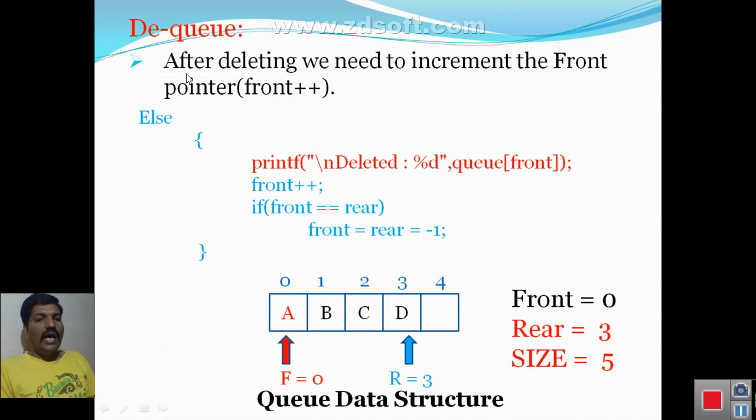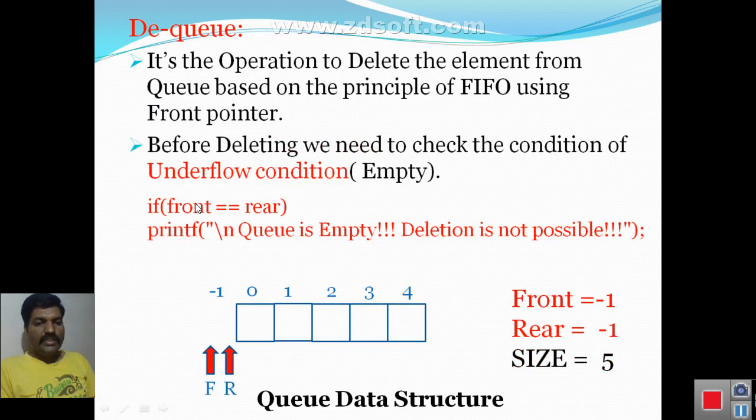Then after deleting, we need to increment the front pointer. In the previous slide, if the condition fails, then there is at least one element available in the queue data structure.